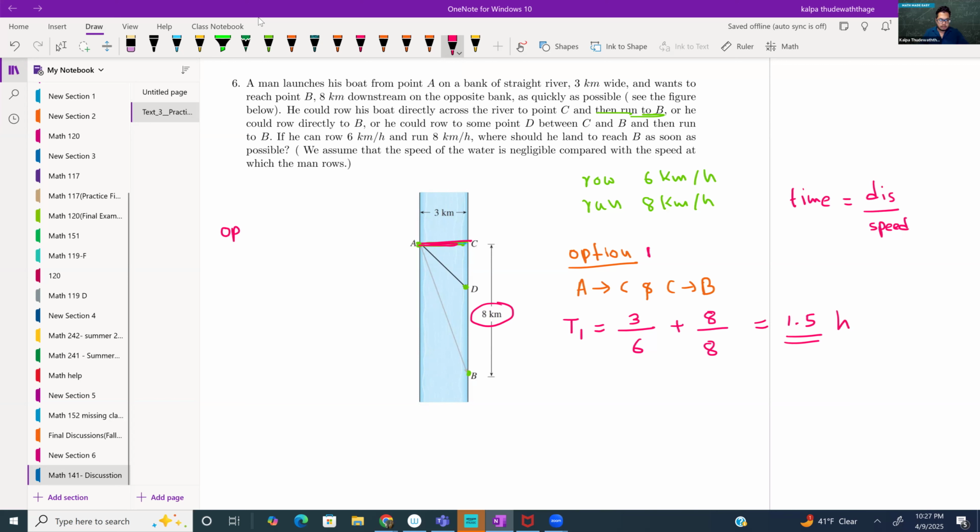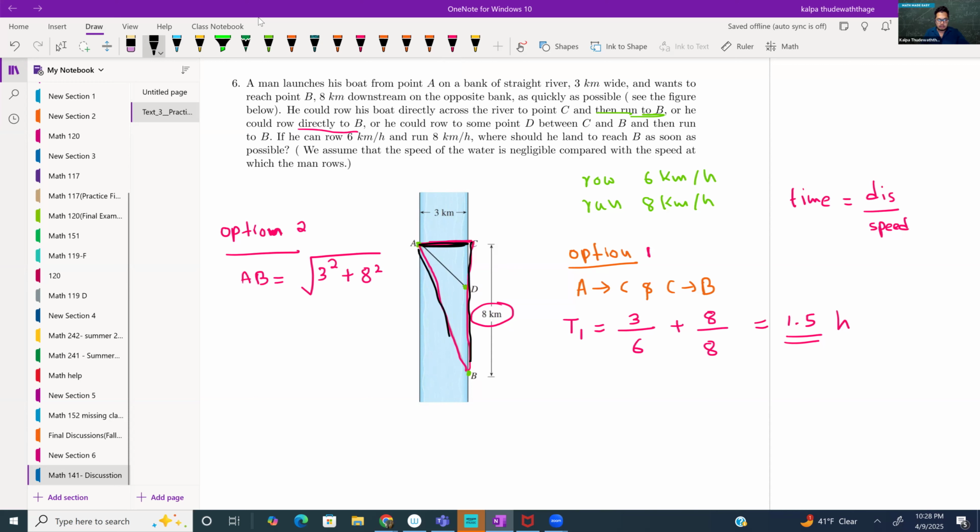For option 2, it says he could row directly to B. So in that case, you have to find the distance from A to B, the length of A to B. You can use the Pythagoras theorem. So it's like the hypotenuse: square root of 3 squared plus 8 squared, because this length is 3 and this is 8.